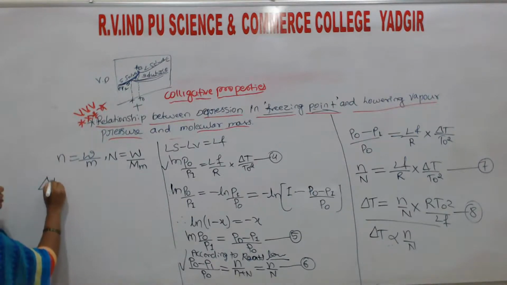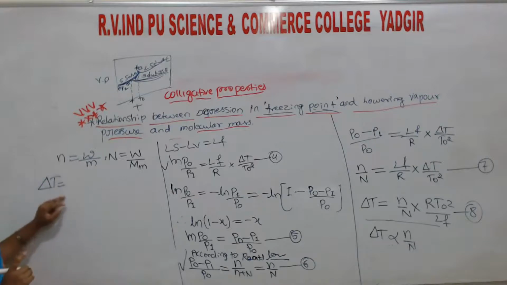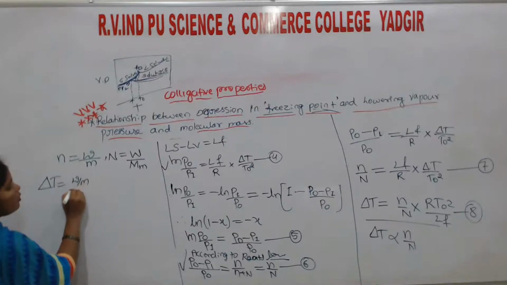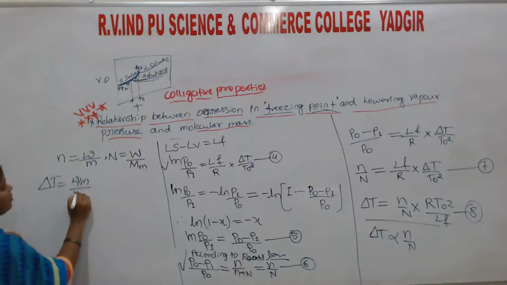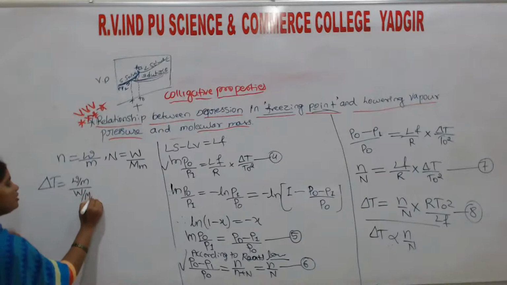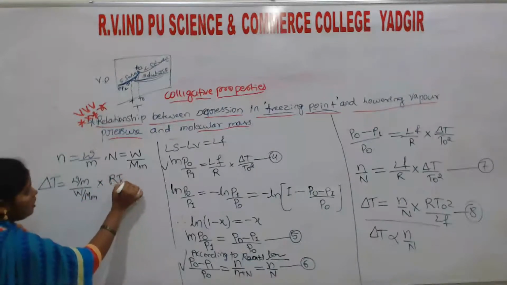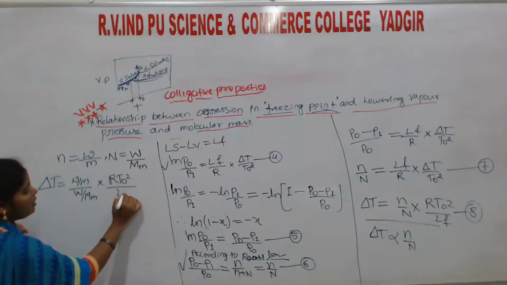Delta T is equal to n by N, which means w by m whole divided by capital W divided by capital M, into R T naught square divided by L.